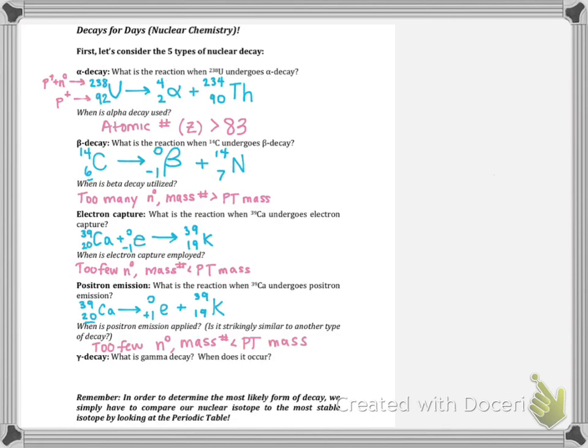And so you might be a little confused because we have two decays that give us the same product. And so I just want to point out that electron capture tends to happen to atoms that are deficient in neutrons, which is the same for positron emission, but amongst that subsection, these ones tend to be the heavier ones.